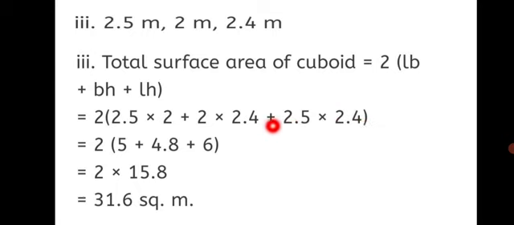Don't forget to put the addition sign in between. Now multiply these. So you get 2.5 into 2 is 5, 2.4 into 2 is 4.8 and 2.5 into 2.4 is 6. Add the numbers inside the bracket. You get 15.8. You multiply by 2, you get 31.6 square meter.